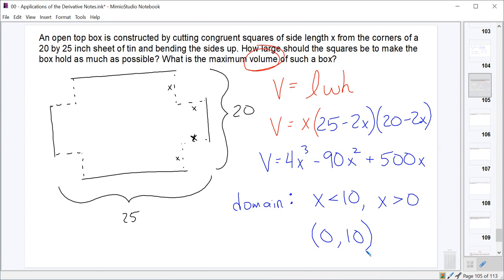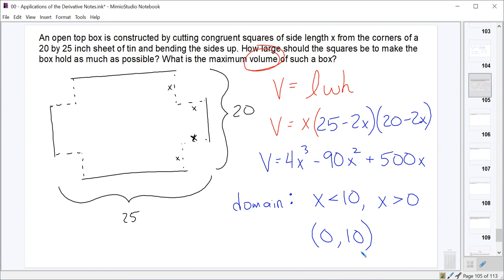And another thing to note is way back at the beginning, we said at the end, check the endpoints. But we'll note that this is an open interval. We've got to cut something off, so we can't cut 0. We can't cut 10 because then we've cut off the whole side. So there are no endpoints, and there's no reason to check the value of 10 as a largest or a smallest value.